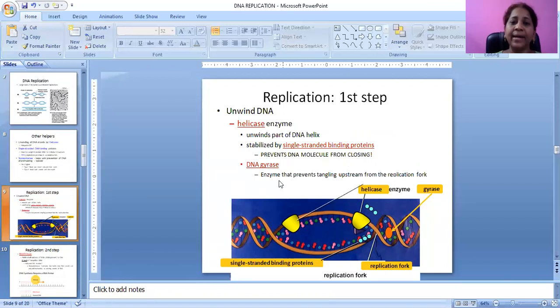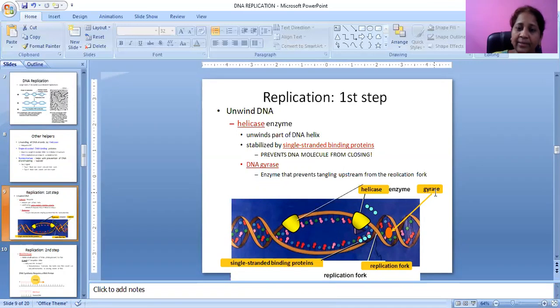DNA gyrase. This enzyme prevents tangling upstream from the replication fork. Here we can see the single-stranded binding proteins, and here helicase unwinding the DNA.